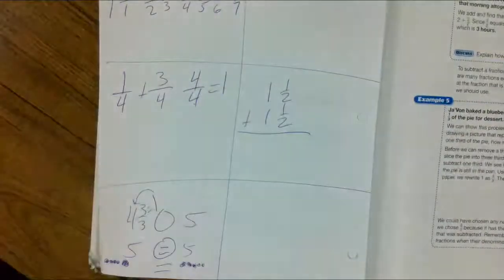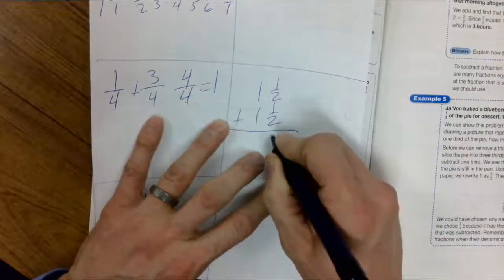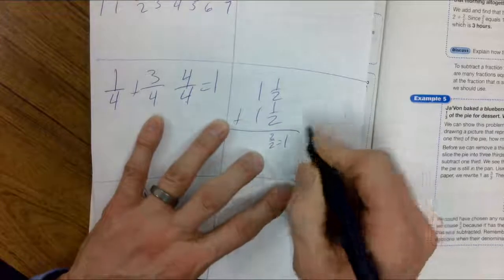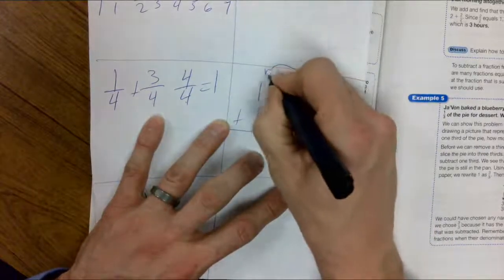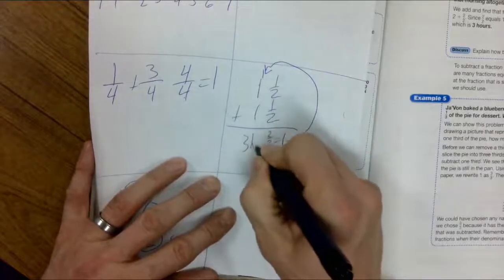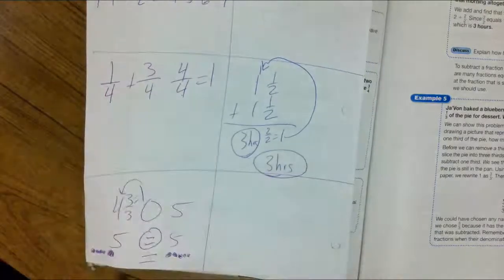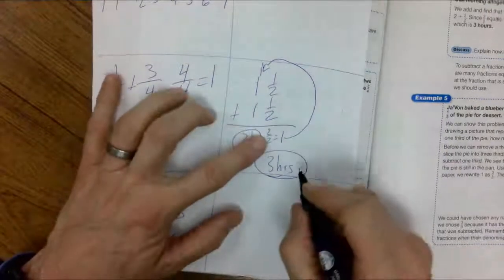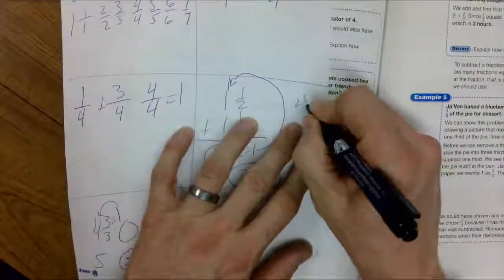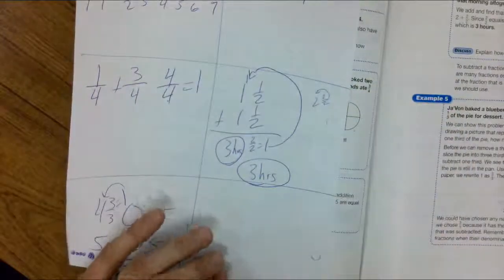This is so easy. 1/2 plus 1/2 equals a whole. 2 over 2 equals 1 whole. Regroup that 1 whole hour. Put it up here. 1 plus 1 plus 1 is 3 hours. We wouldn't say 2 and 2 over 2 hours. That would be silly. So we're going to regroup this and make it into 3 hours.